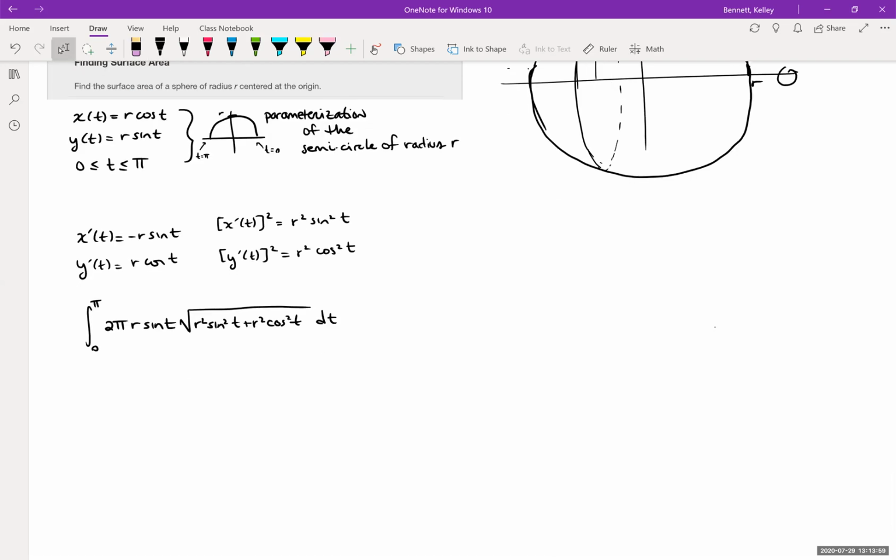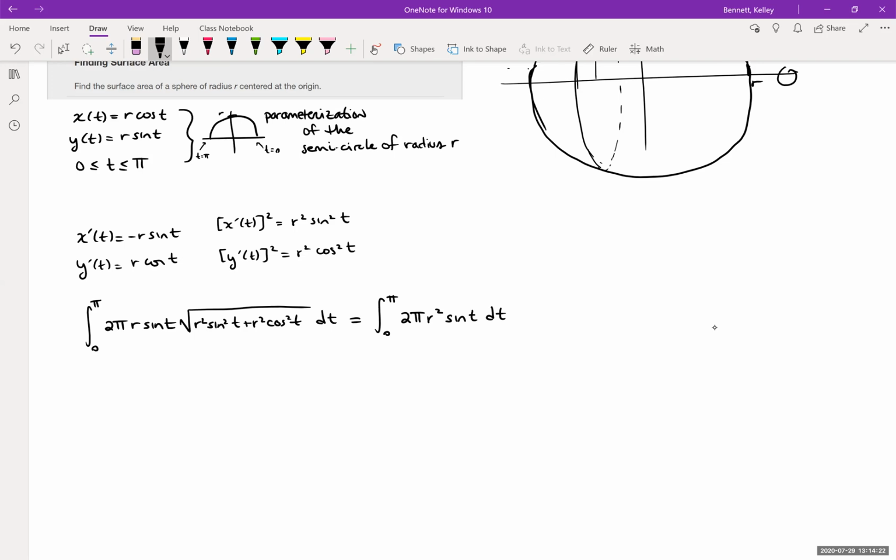So this simplifies so nicely. I get the integral from 0 to pi of 2 pi r squared sine t dt, right? Because the square root just becomes r, so I combine that with the r from 2 pi r, and I get 2 pi r squared sine t dt.